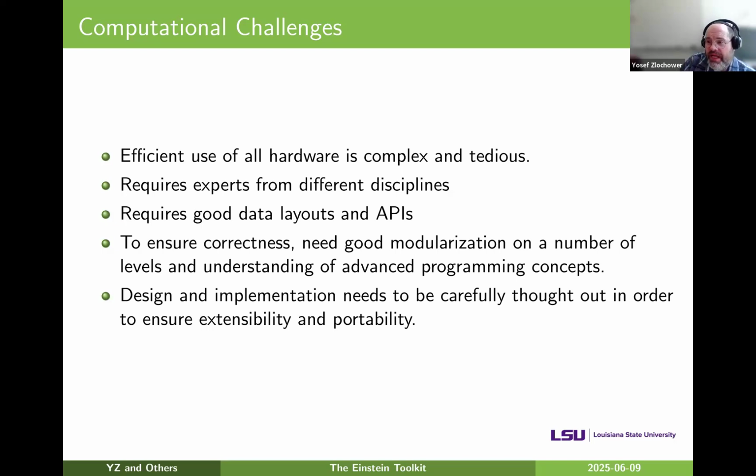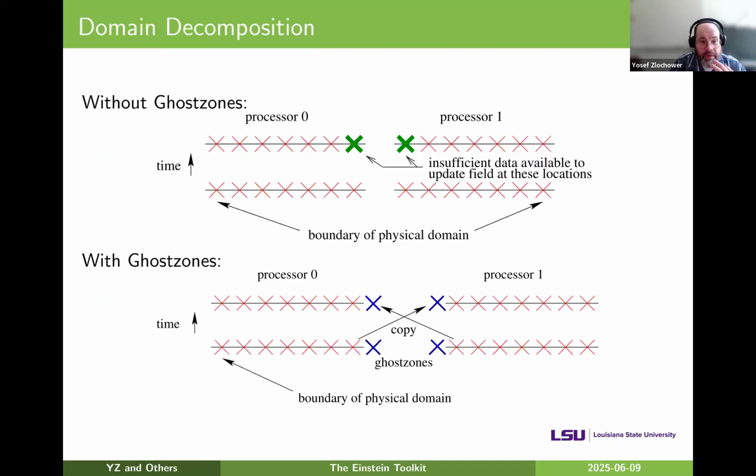If they're going to be incredibly complex, they have to be tested. So you need a way of modularizing the code so you can test those modules. You have to keep thinking carefully about how you're going to bring all these codes together in order to ensure that they run both effectively and correctly on different hardware.